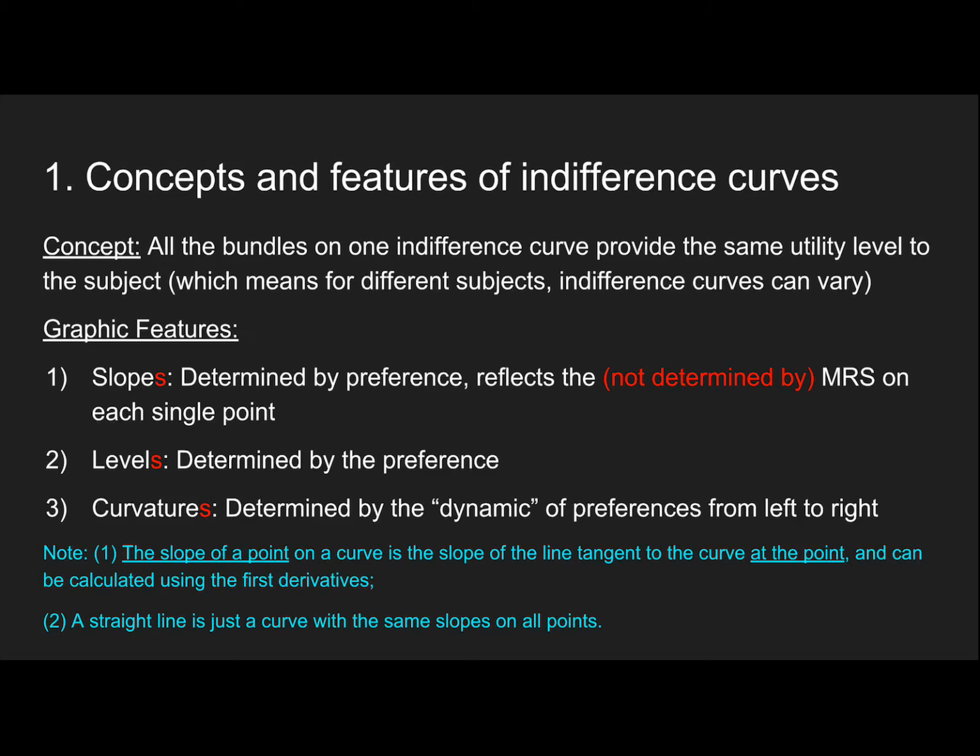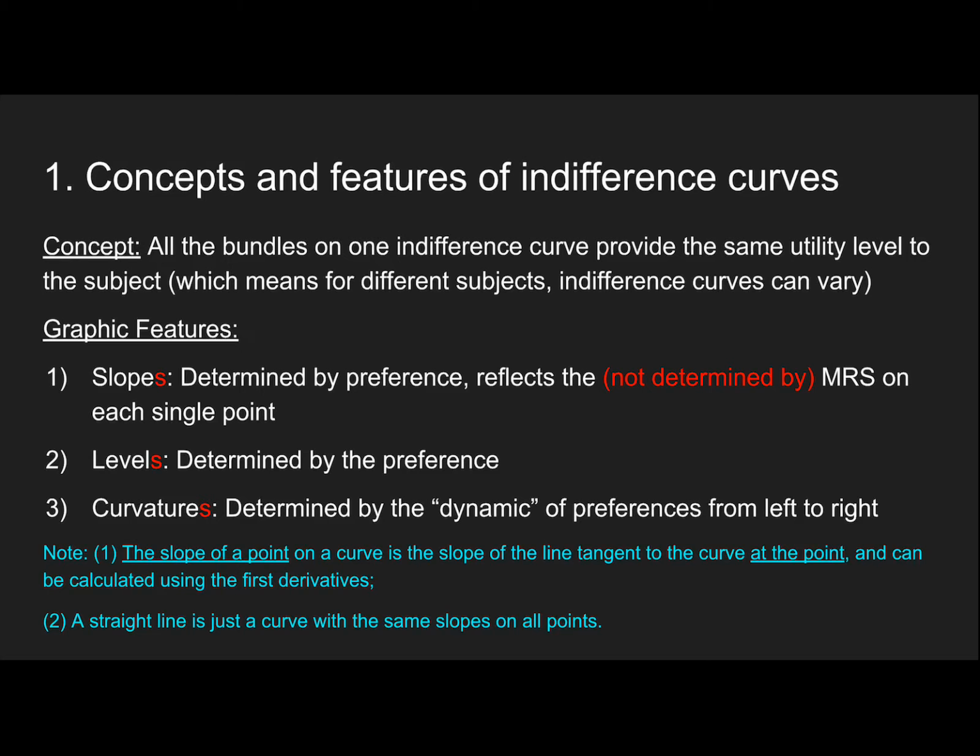So first is slope, and the second one is the levels. The levels mean which indifference curve has higher utility levels, and this is also determined by the preference. And the third one is curvature, which means the curve may bow outward from the origin or bow toward the origin.